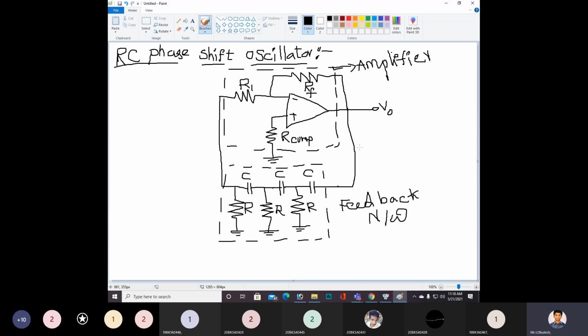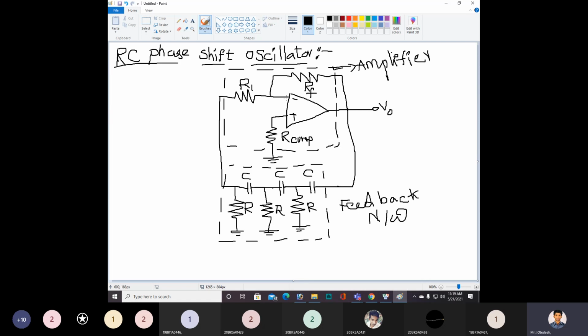Here an op-amp is used in inverting mode and provides 180 degrees phase shift.